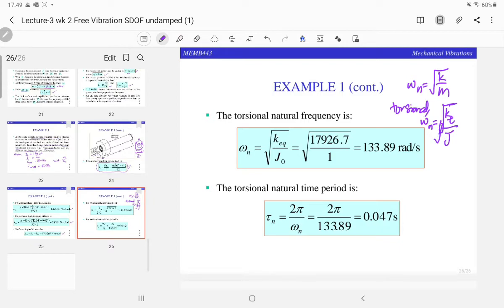Make sure you are aware that normally in the list of equations, we give everything in terms of a linear system. But if it's torsion, you need to convert: k becomes K torsional, m becomes J. So we can calculate omega n, the torsional natural frequency of the shaft, and then tau n is just 2 pi over omega n. So you can get the torsional natural time period of this system.